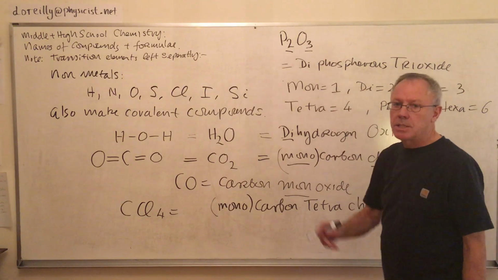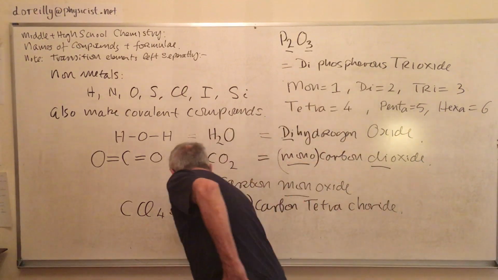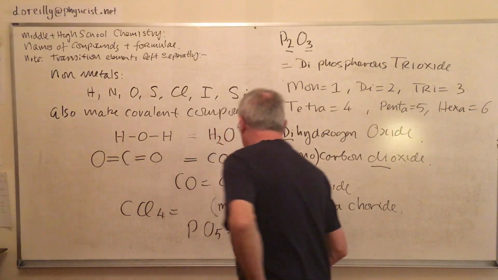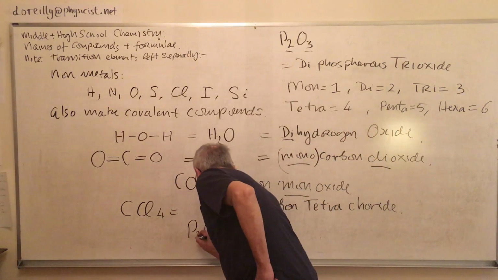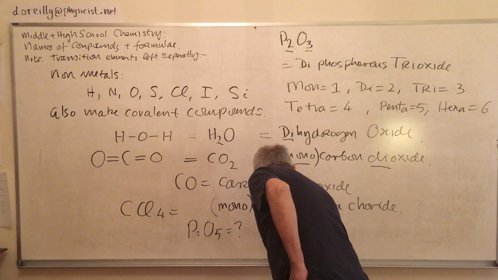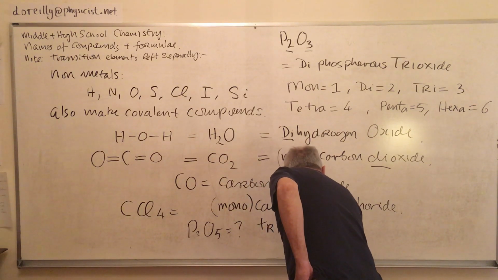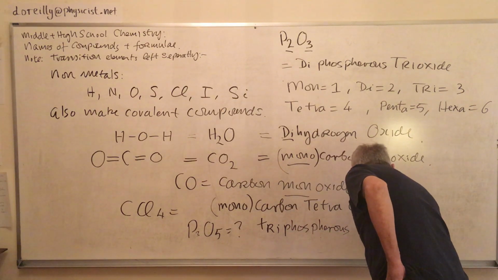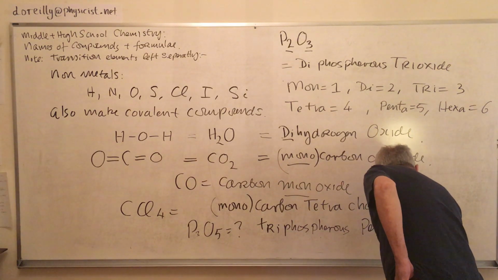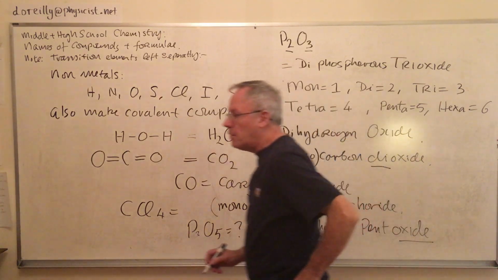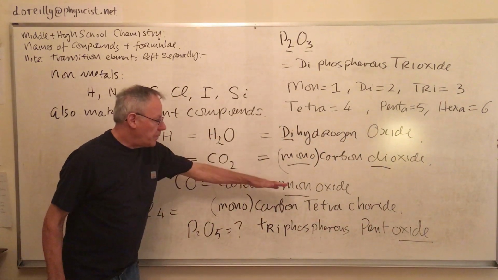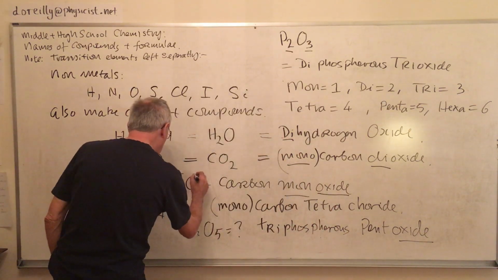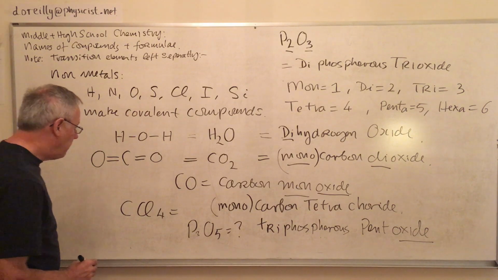Now I don't know if it exists, but if I had the following, I don't know, that would be, so you take the name of the element at the end, the one that is going to have the positive, I guess, valence.